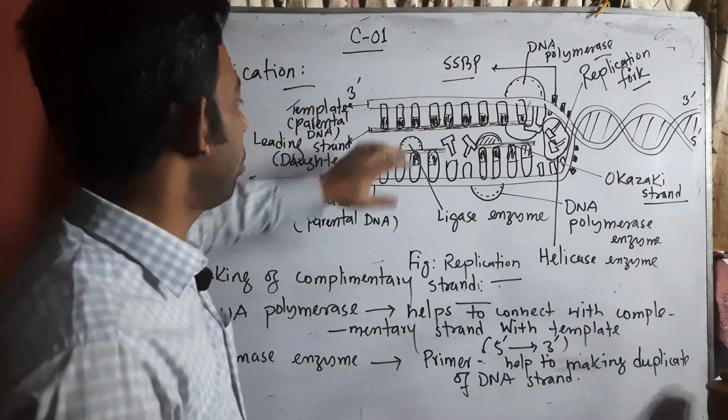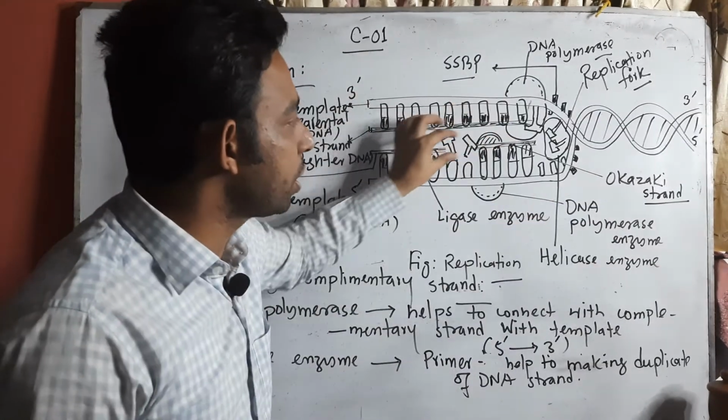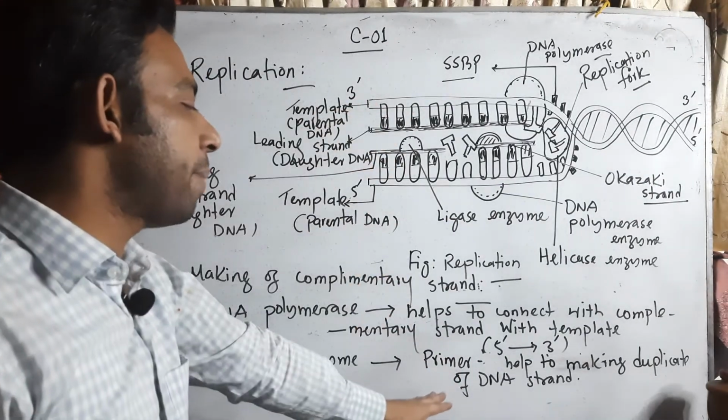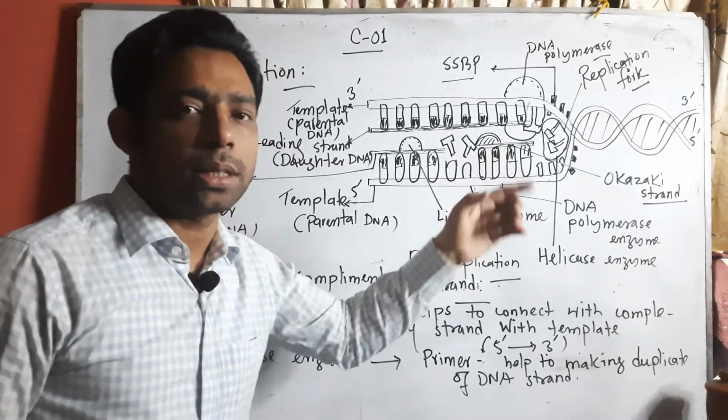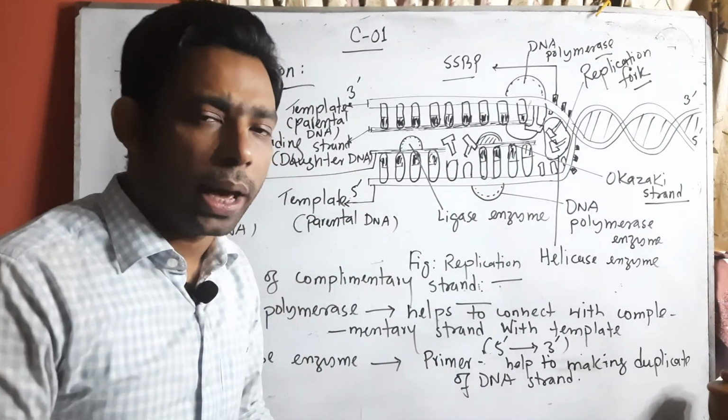Since the complementary, we didn't mark here, inside them lots of enzymes are there, so they always try to make the duplicate of the parental strand, that means the template. So the strand working to make sure the duplicacy of the parental strand is known as the primer.